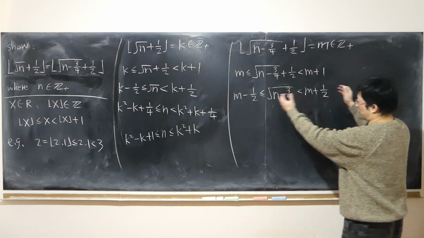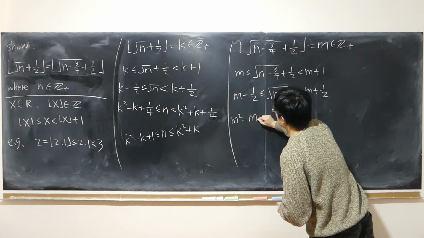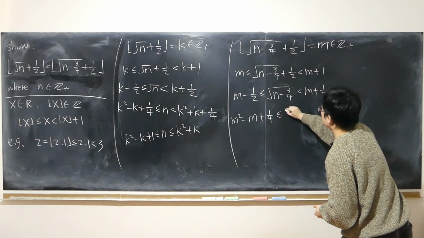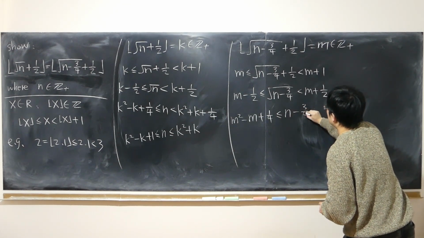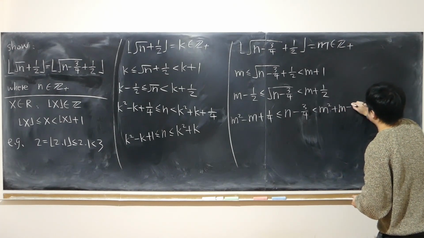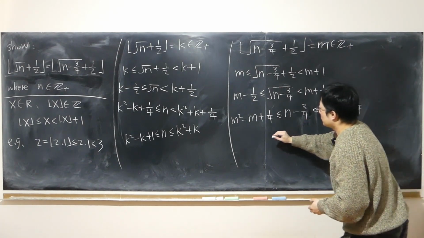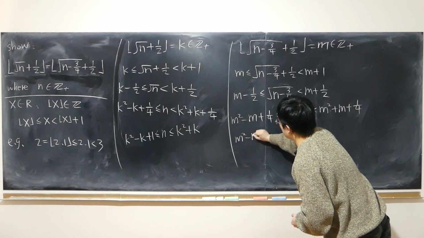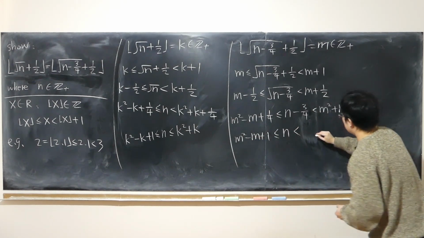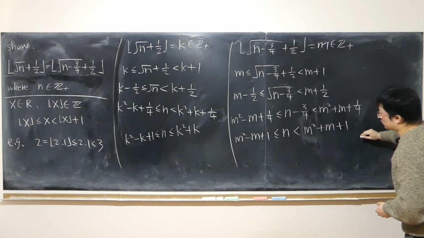Both sides are strictly positive, no problem. Square both sides: m squared minus m plus 1 over 4 is less than or equal to n minus 3 over 4, strictly less than m squared plus m plus 1 over 4. Add 3 over 4 on both sides: m squared minus m plus 1 is less than or equal to n, strictly less than m squared plus m plus 1.